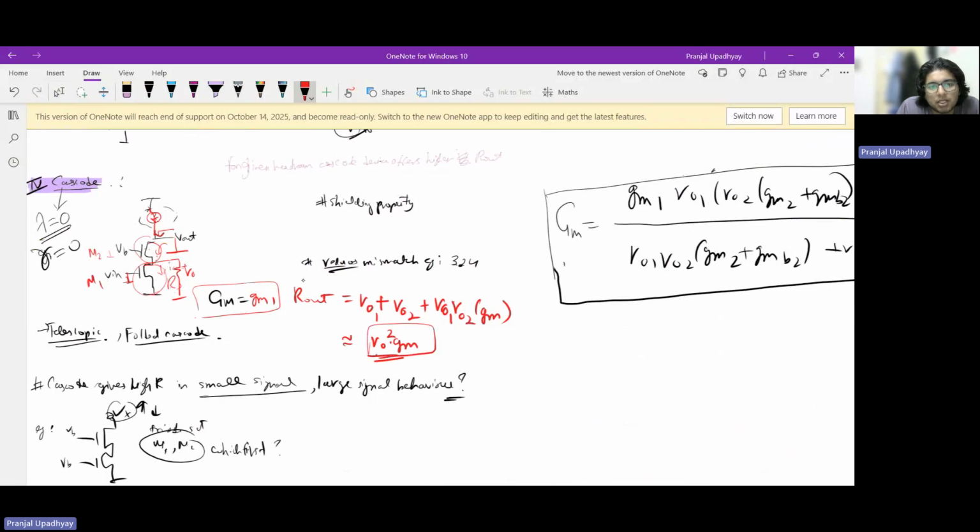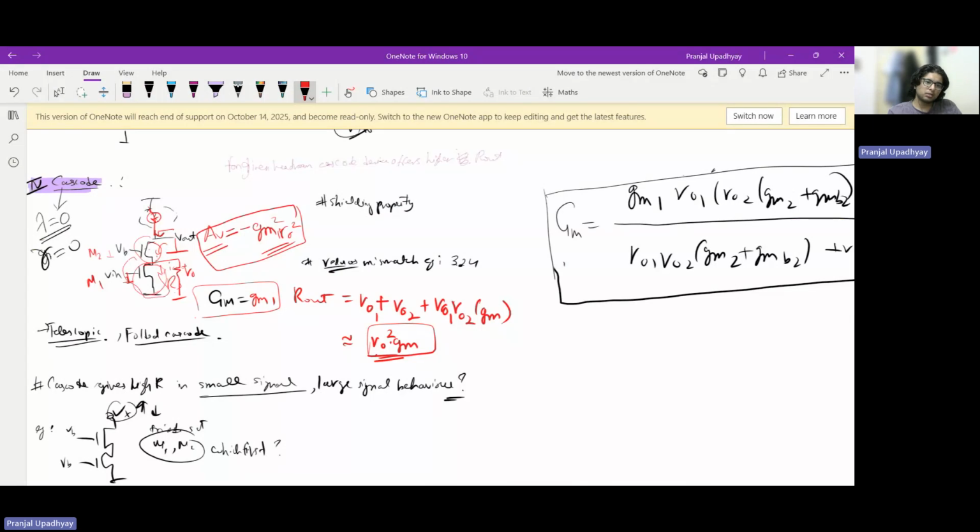So the result we arrive at is that the gain of this cascode stage is equal to minus GM square, if the GMs are also the same. It is a very brute approximate result, but it gives us an intuition that the gain of this cascode stage is very high, right? And what is the configuration of this cascode?